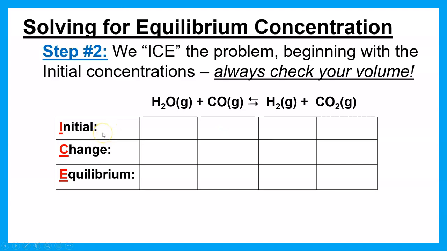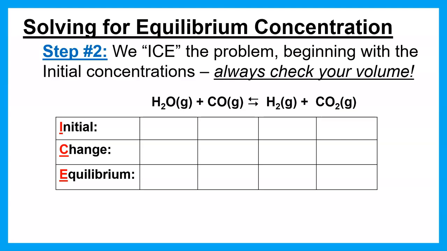It stands for initial, the change that's going to occur, and what it will be at equilibrium. I highly, highly suggest that you somehow in your notes make a big, obvious note to yourself to check your volumes. They will often be giving you moles in a 1 liter container.